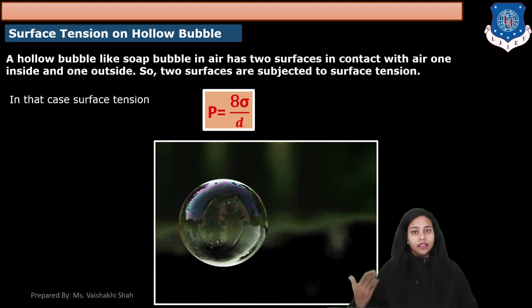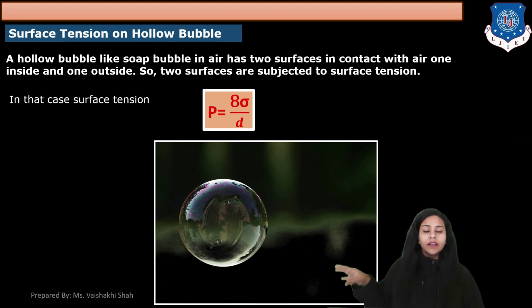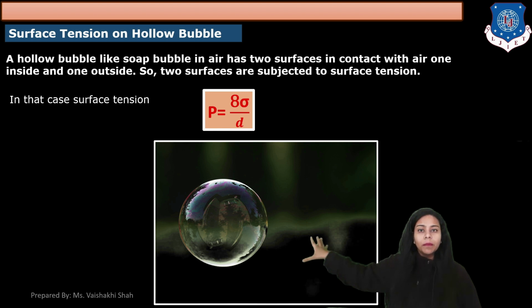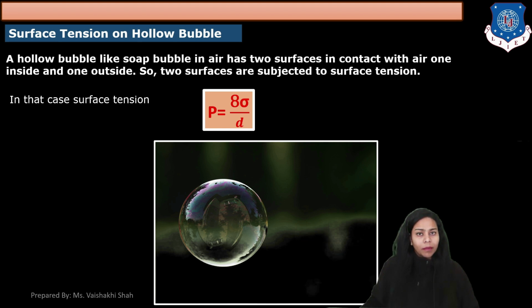Now in our lecture we studied surface tension in a liquid droplet, but in examples there is one theory for the hollow bubble also. As you can see here, this bubble, maybe a soap bubble, is hollow from inside. It is also called a hollow bubble. Now, surface tension in a hollow bubble. A hollow bubble like a soap bubble in air has two surfaces in contact with air.